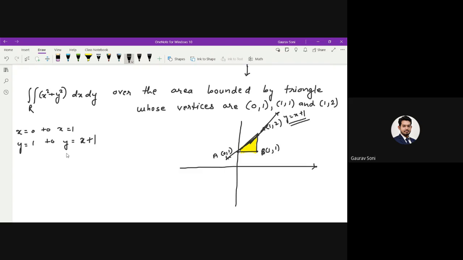I don't have a standard procedure, so I will define a standard procedure now. Whenever we have a region, once we have drawn the region, what I will do is take a strip parallel to the y-axis.